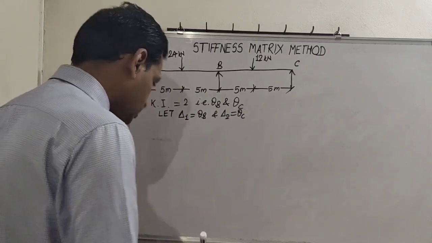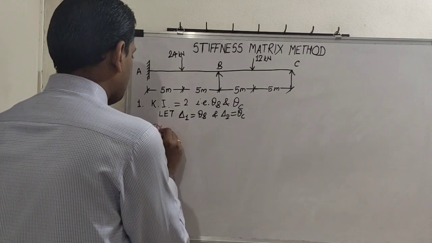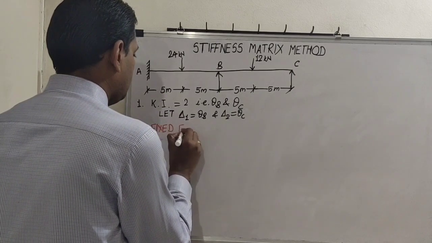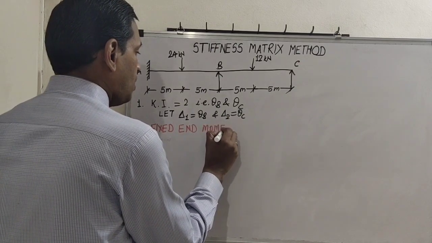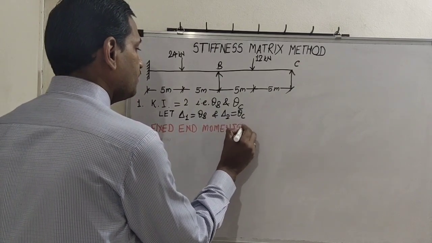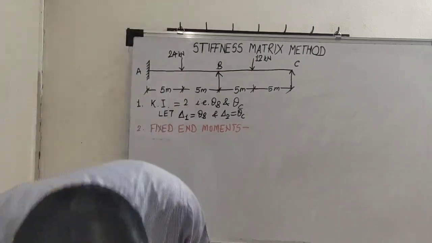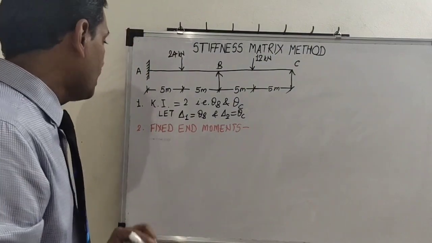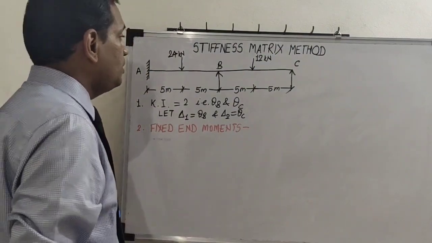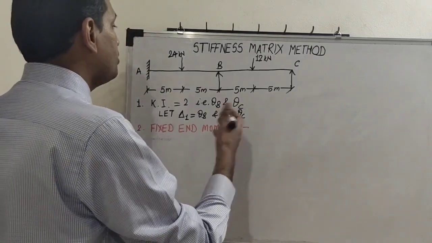Now step number 2 is fixed end moments. So how to get fixed end moments? Very simple. This also we already know. So as we can see, AB and BC are centrally loaded spans.